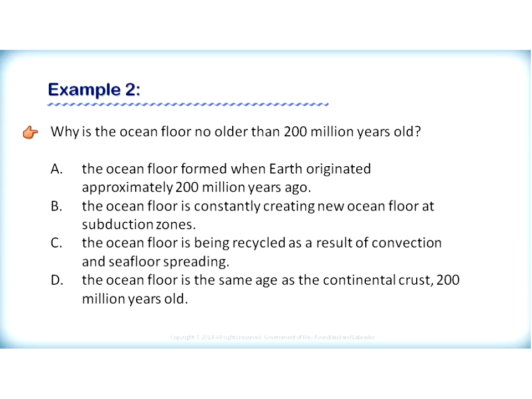So when we look at the age of the ocean floor being created at ridges and destroyed at trenches, the age of the ocean floor is no older than 200 million years old because of answer C. The ocean floor is being recycled as a result of convection currents in the upper mantle called the asthenosphere, and because of seafloor spreading. So your answer to this question would be C. The ocean floor is being continuously recycled.